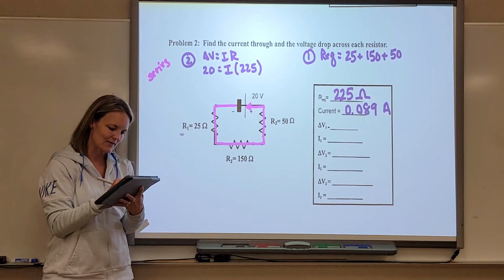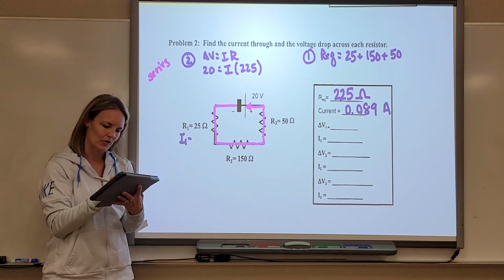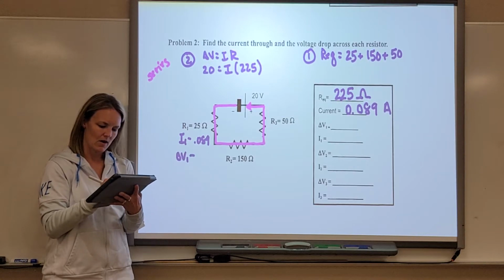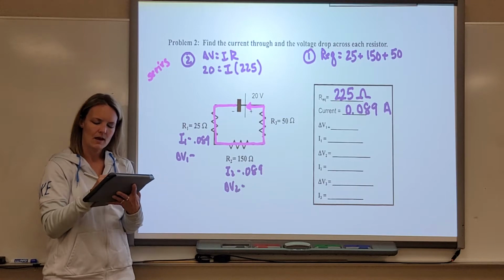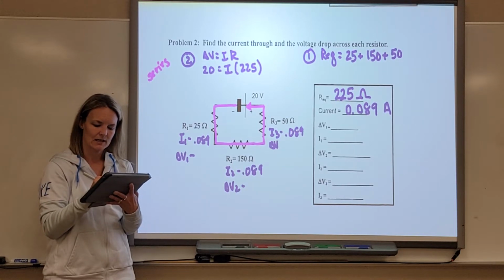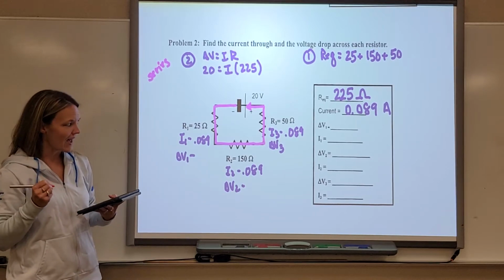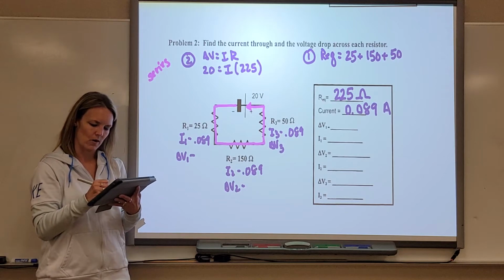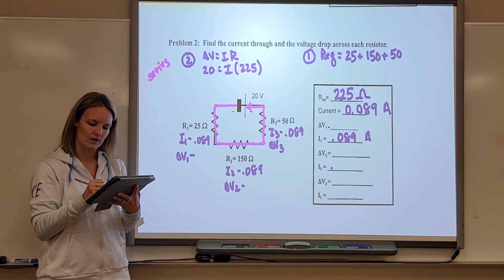So all the current, 0.089, goes to all the resistors. Current 1 is 0.089 amps, current 2 is 0.089 amps, and I3 is the same.